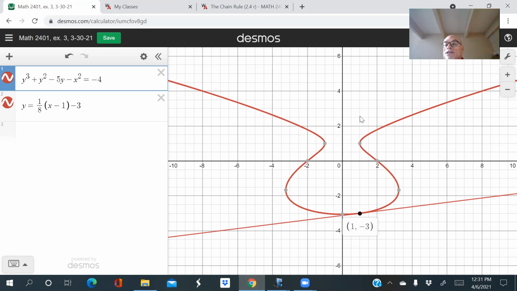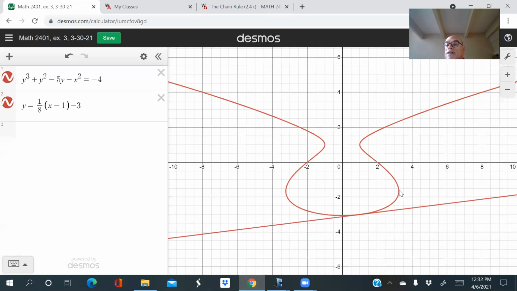If you think about what the tangent line looks like, you're going to get a vertical tangent line right here, right? And then also right there, if you draw the tangent line, it's going to turn out to be vertical. We haven't often talked about vertical tangent lines in this class, but curves can have vertical tangent lines.